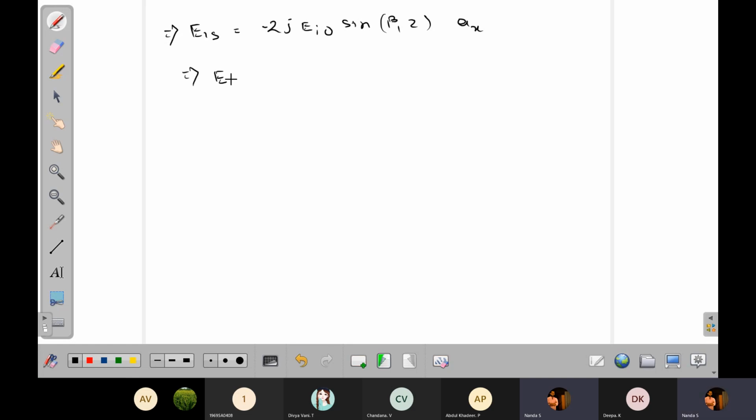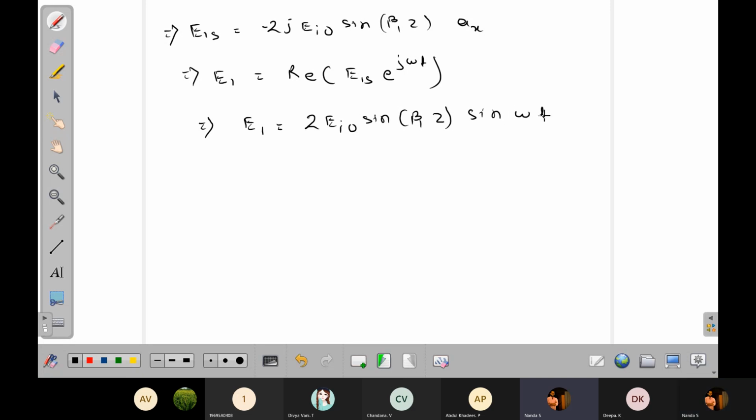Again, removing the phasor form and the time factor, this is the real part of E1S into e to the power j omega t. So that can be written as E1 equals 2 into EI0 sine of beta 1 z into sine omega t, ax.